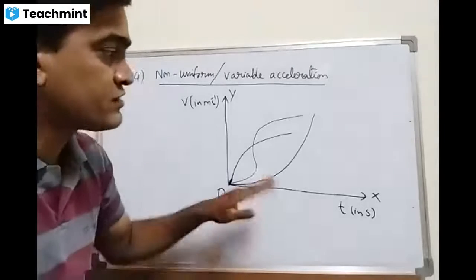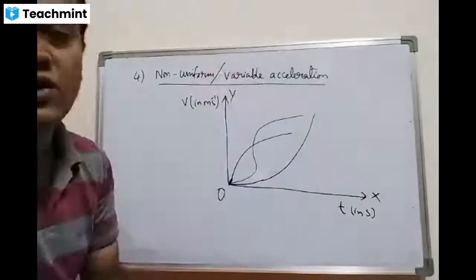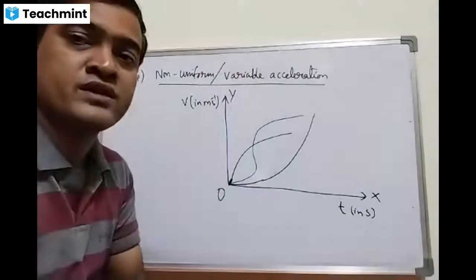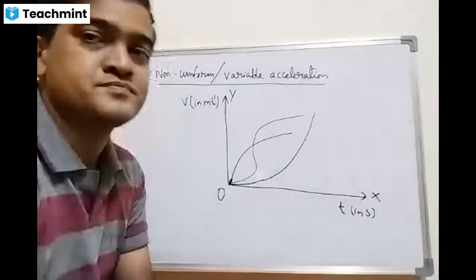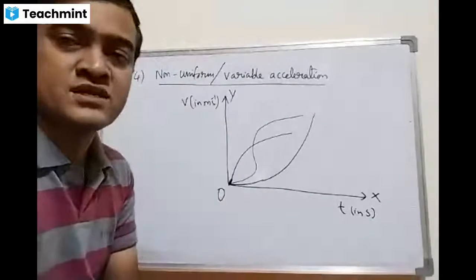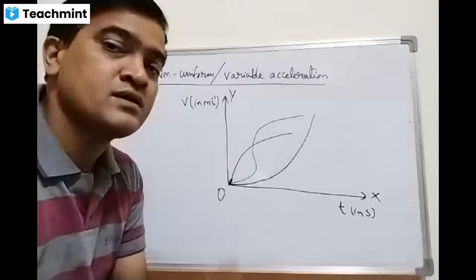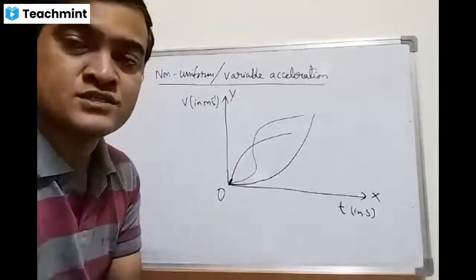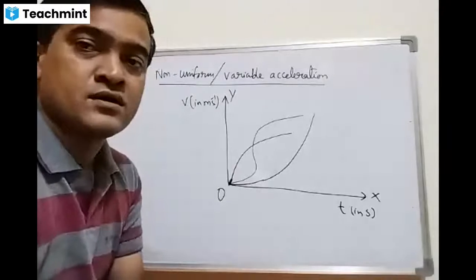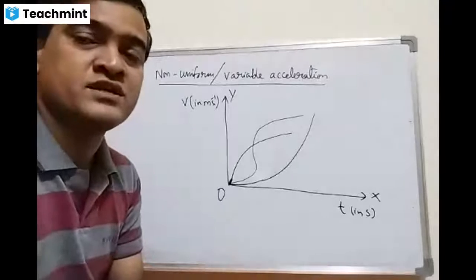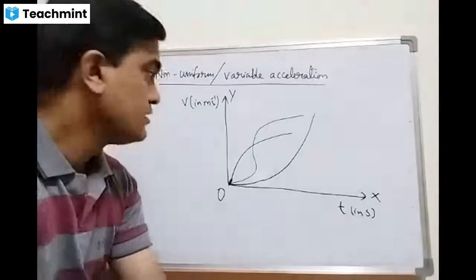So such a type of graph will come under non-uniform or variable acceleration. Okay? So these are the graphs. We have so many graphs to be discussed, but we'll go one by one as per the theoretical concepts.